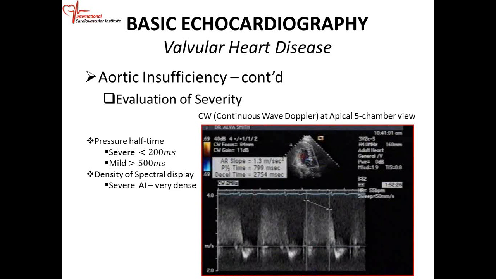So we look at the jet width, we look at the pressure half time, and we look at the density. You have to know all these parameters. So the pressure half time, do we measure that? Well, the AI occurs in diastole, so it has to be measured in diastole. Okay.